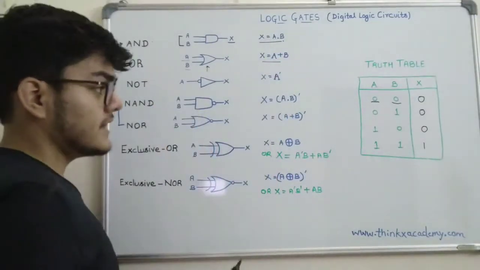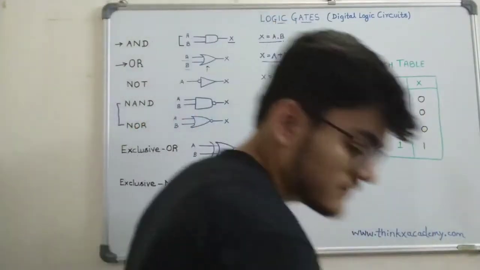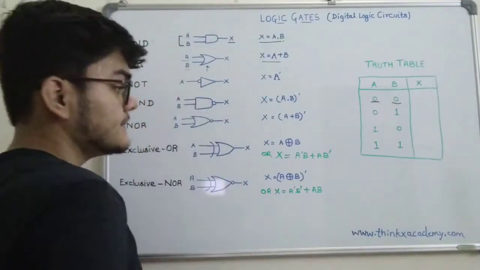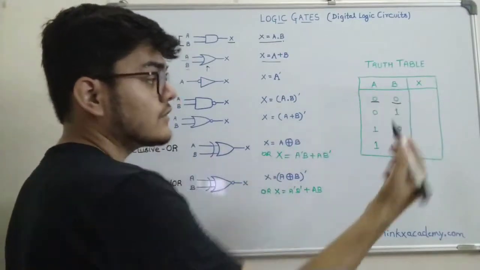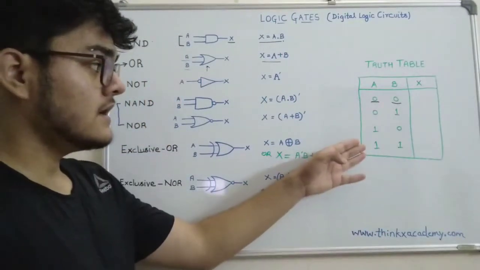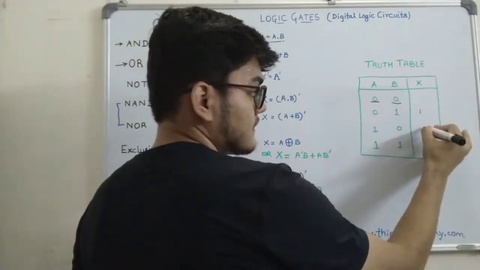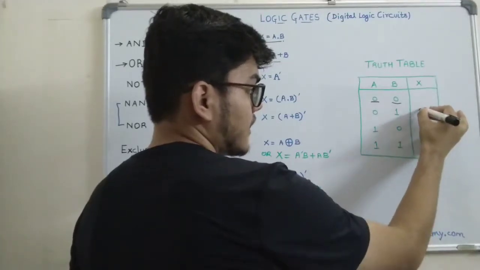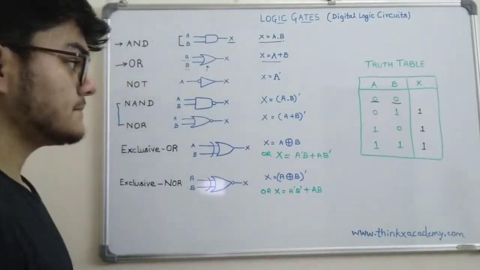In the case of the OR gate, the outputs are going to change. If any one of the input signals is 1, then the output will be 1, as you can see in this example.